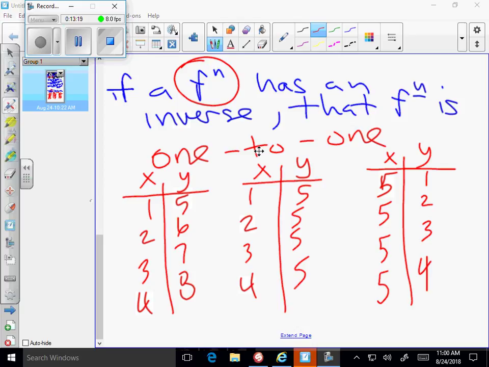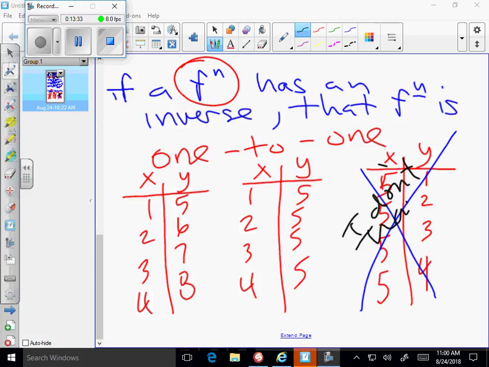Is this a function? Is this a function? Is this a function? Okay. Because I'm not a function, I don't have an inverse. Anything that's not a function doesn't have an inverse.